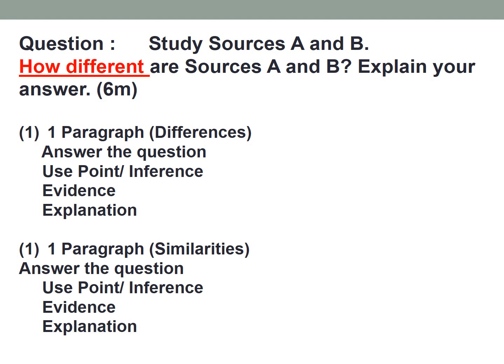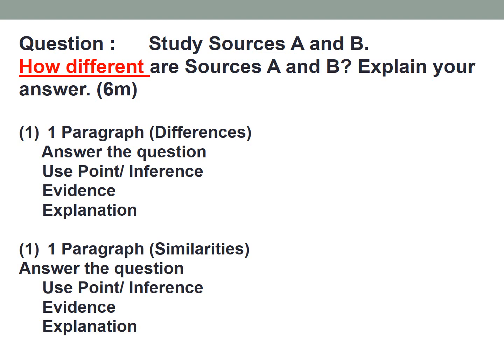We know that the question type, how different are sources A and B, requires us to have two paragraphs. The first paragraph will be about differences, and the second paragraph is about similarities.